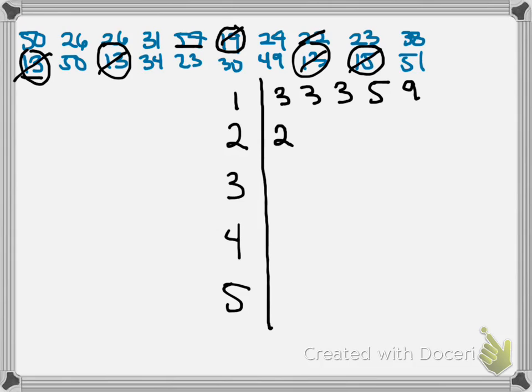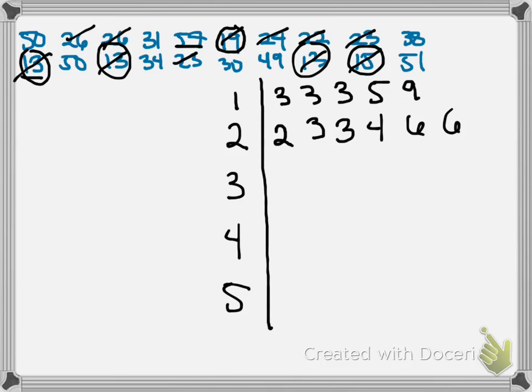So we've got a 22, 23, another 23, 24, and then two 26s. Okay, so now we've taken care of that row. Next, we need to go to the data points that all have a stem of 3.